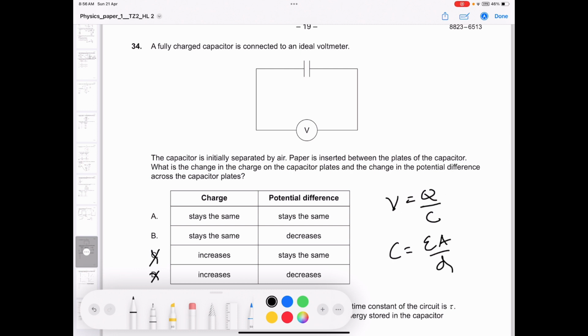So if the paper has been inserted between the plates, this means that the dielectric is going to increase, therefore the capacitance is going to increase. So if capacitance is increased, the voltage is decreased, therefore the answer must be B. Stays the same and decreases.